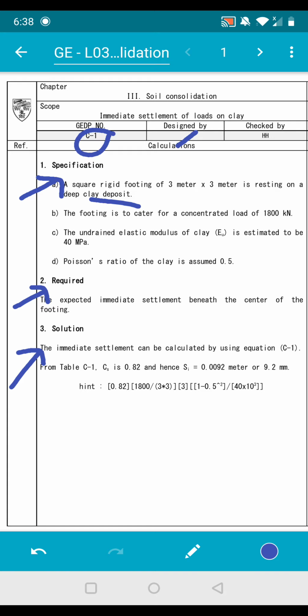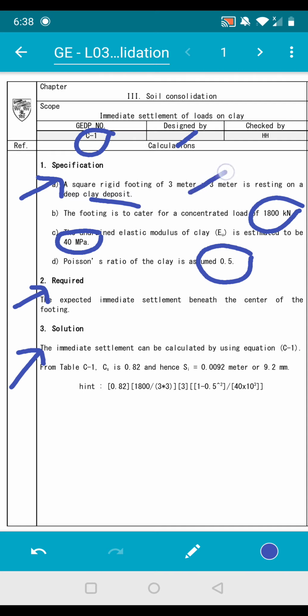B, the footing is to cater a load of 1800 kilonewton. So now you have a loading. C, the undrained elastic modulus of clay is 40 MPa, the first property of the soil. And lastly, the Poisson's ratio of the clay is assumed 0.5.